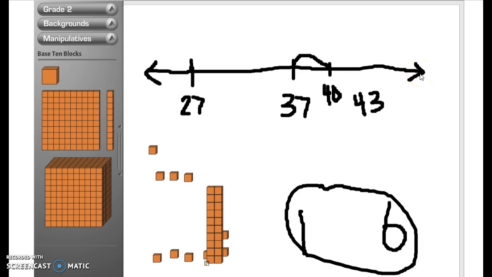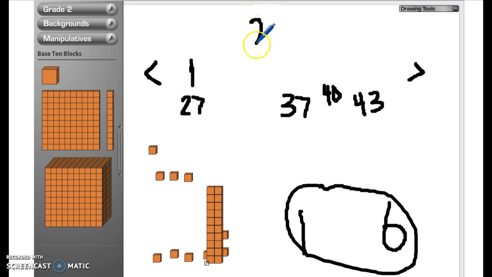All right, so another way that I know I can find the difference between 27 and 43 is to think of the number 27. And I know 27 is almost 30. It's 3 away from 30.